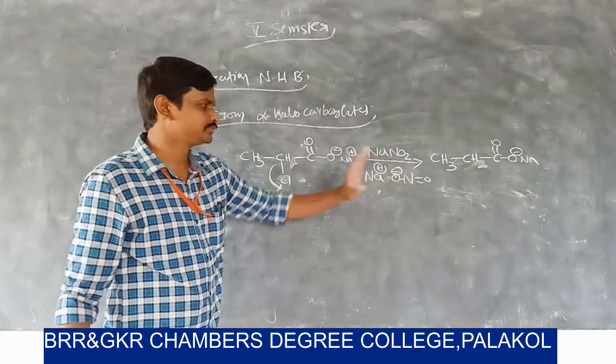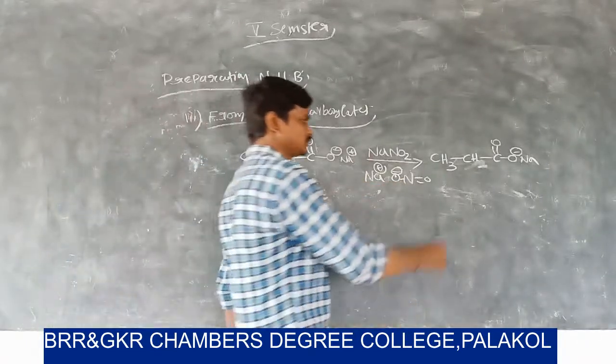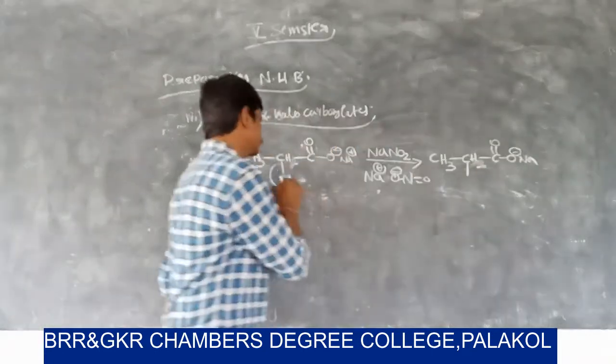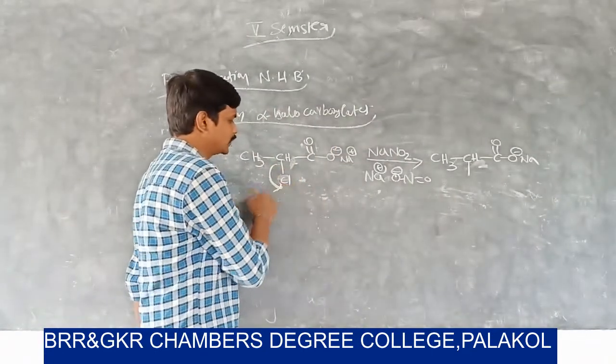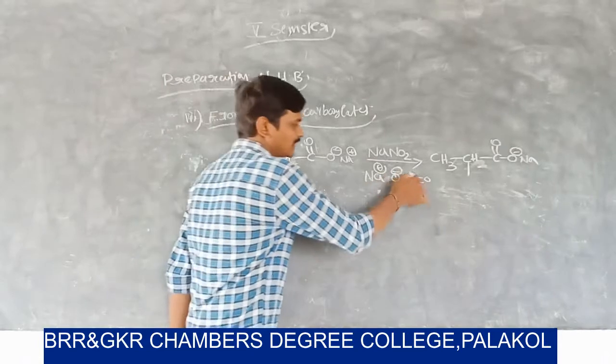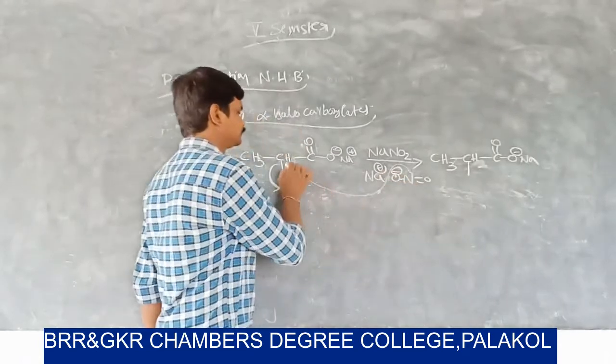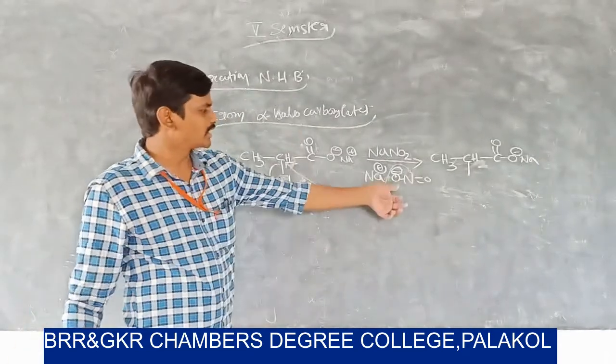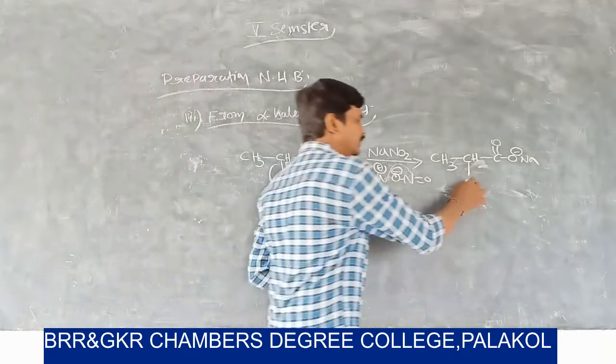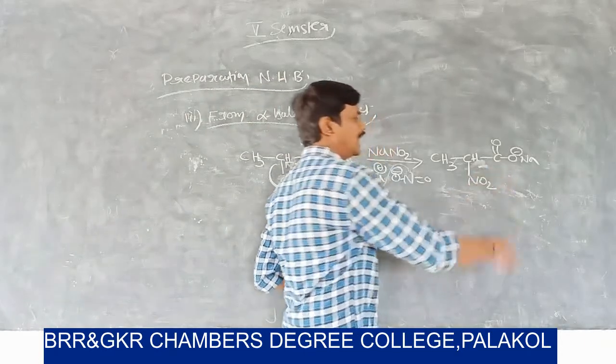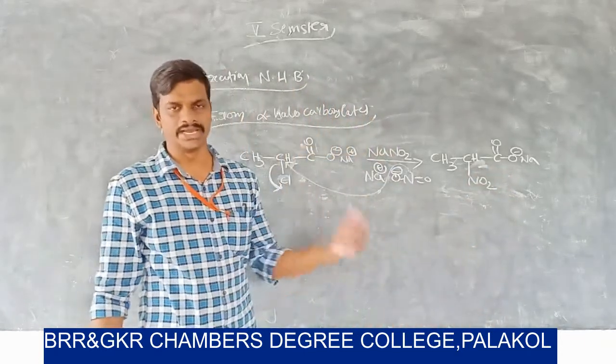and then we can get nitrohydrocarbons. Now the chlorine atom cleaves from the molecule and this carbon gets a positive charge. The lone pair of electrons on nitrogen donates to this carbon, then we can get alpha nitrocarboxylate.